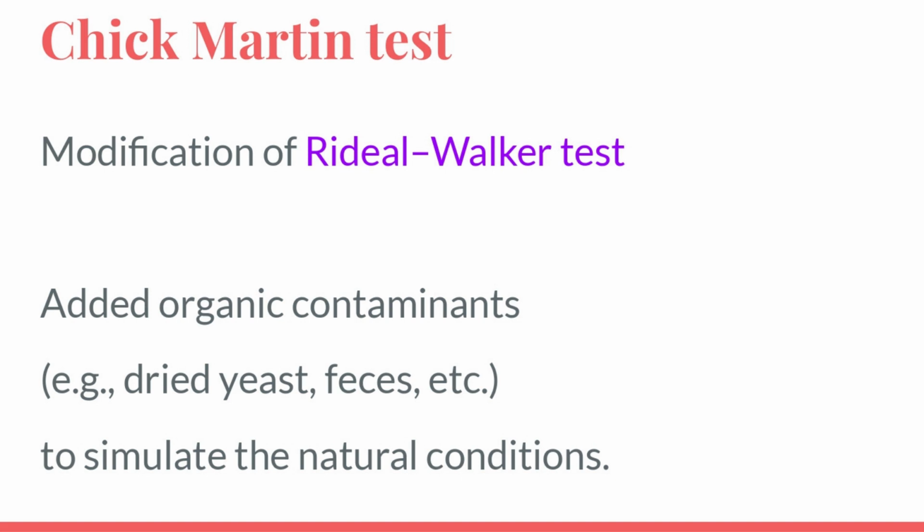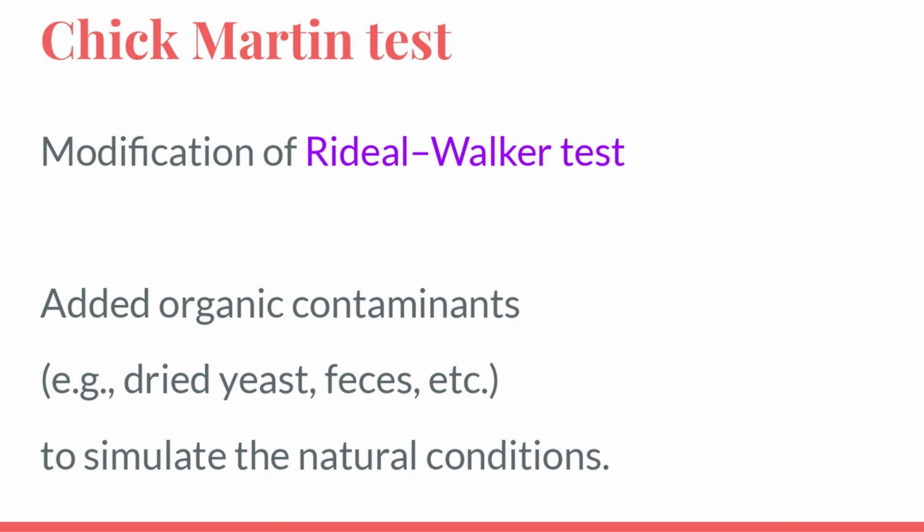But the Chick-Martin test uses dried yeast, fecal material, etc. while testing in the laboratory. Due to the addition of such natural materials, the value will be more accurate. By using those values, we can predict the disinfection power even in actual practice.